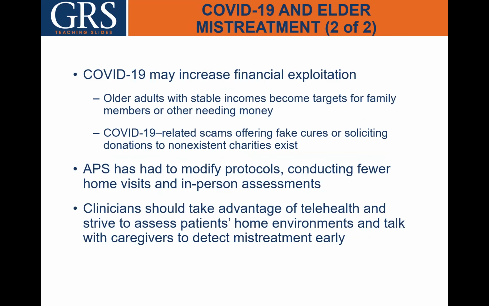COVID-19 may increase financial exploitation because older adults with stable income can become targets for family members or other people who need money. And COVID-19-related scams mean older adults might lose money because of this.